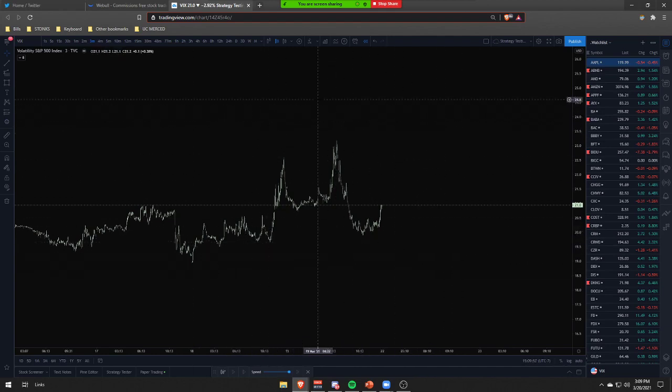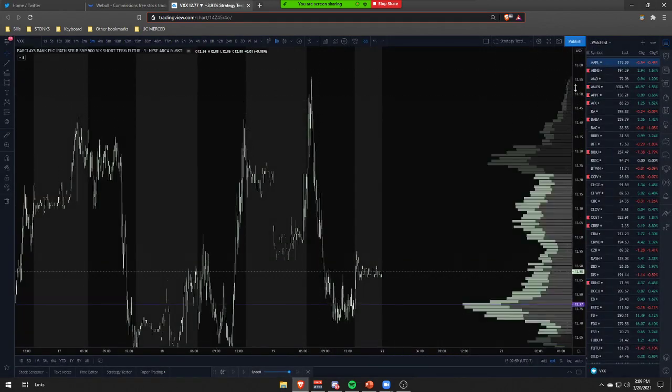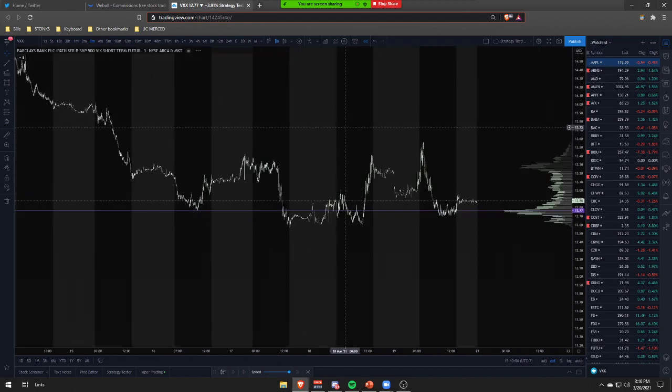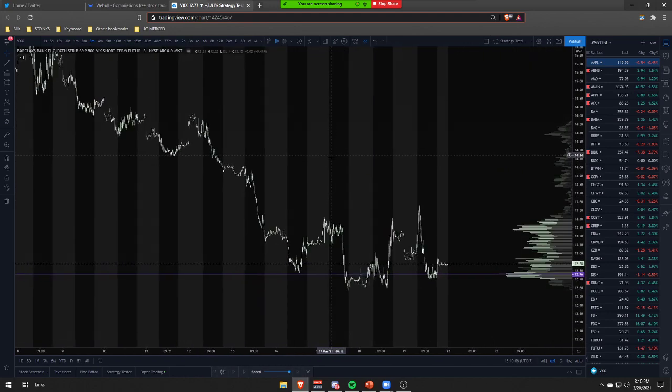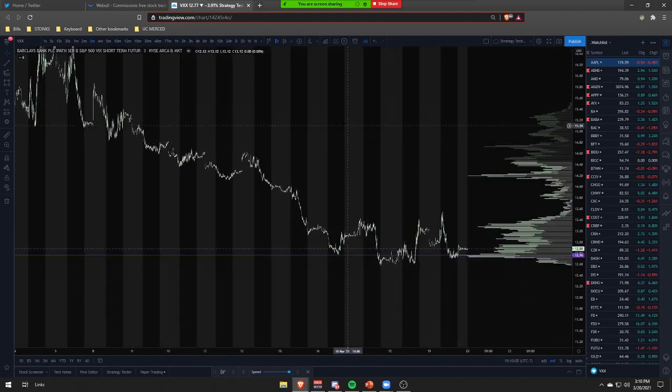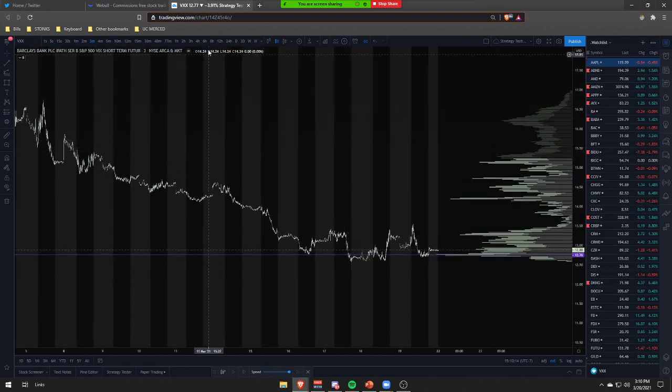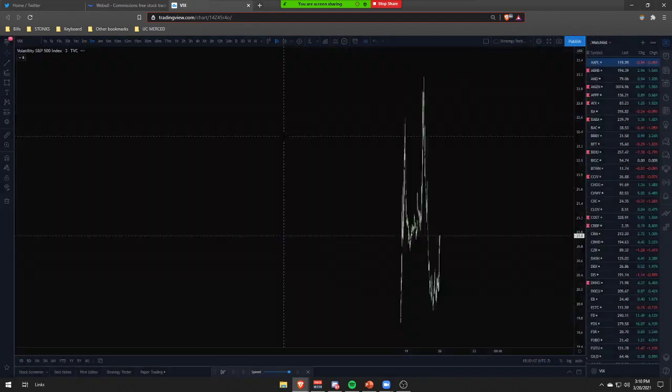If you were to chart this, you should be charting VXX. This is what you can chart. This will respect more because people literally buy into this, right? You can't buy into VIX because this is a formula.